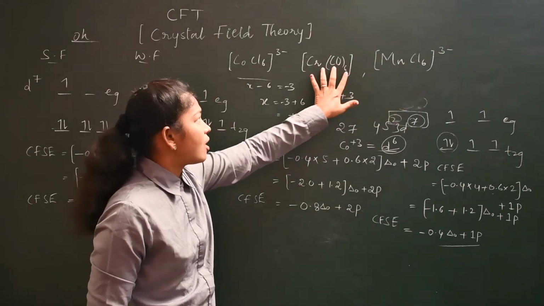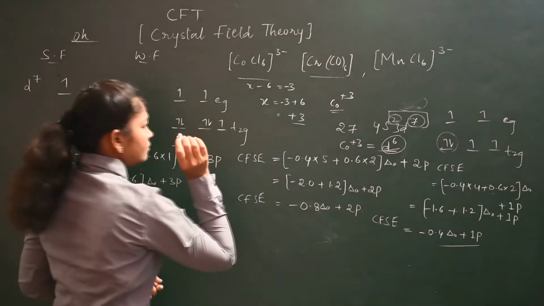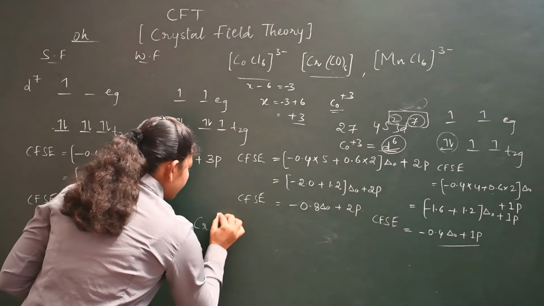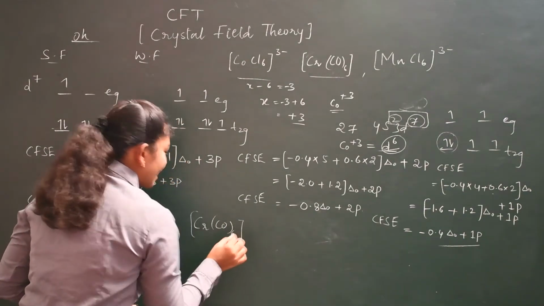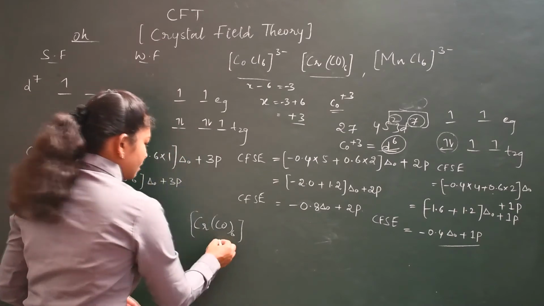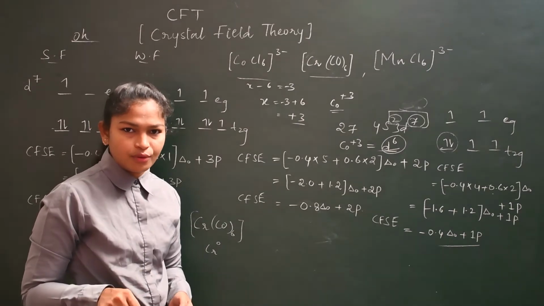Okay, this is a strong field and chromium, right? For chromium also we will calculate. So Cr(CO)6, it's a neutral ligand, right? That means chromium's oxidation number is 0, oxidation state is 0. Chromium's atomic number is 24, right?